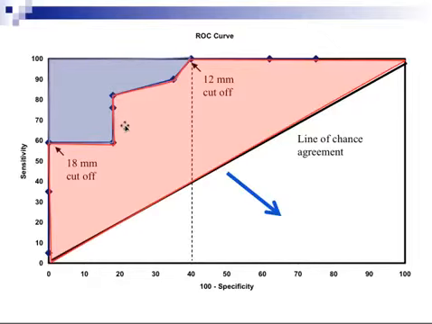So one way we can evaluate this in clinical tests is using something called the receiver operator curve, or ROC curve. And that's what we see plotted here. Let's pay attention first to the x and then the y-axis. On the x-axis, what's being plotted is 100 minus specificity. So essentially, this is the percent of false positives that are occurring at different values of the test.